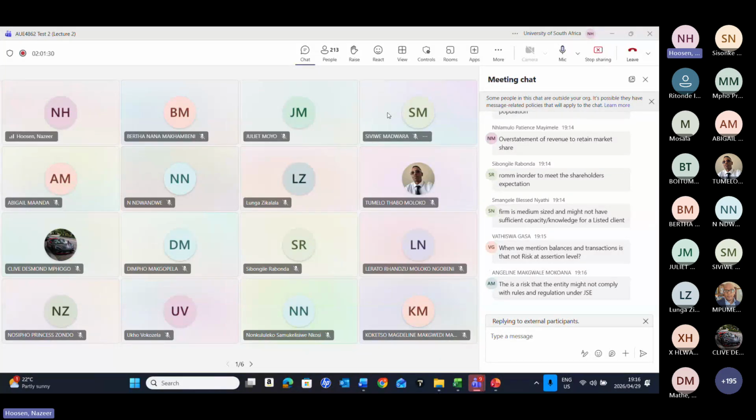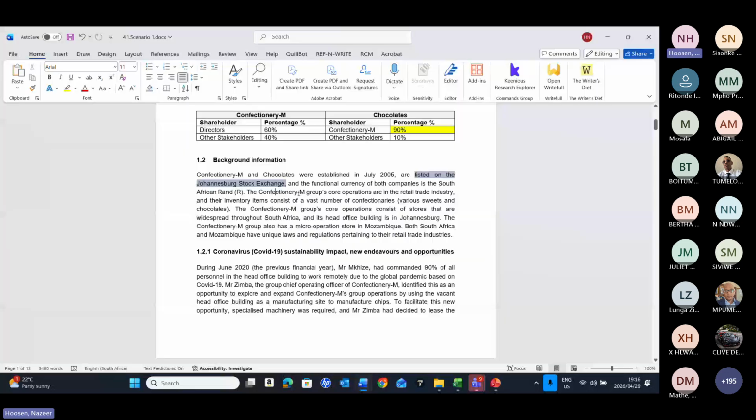I think we can go back to the scenario. The Confectionery M Group's core operations are in the retail trade industry, and their inventory items consist of a vast range. So now, in terms of the industry, can somebody shout out a couple of industries, just in general?